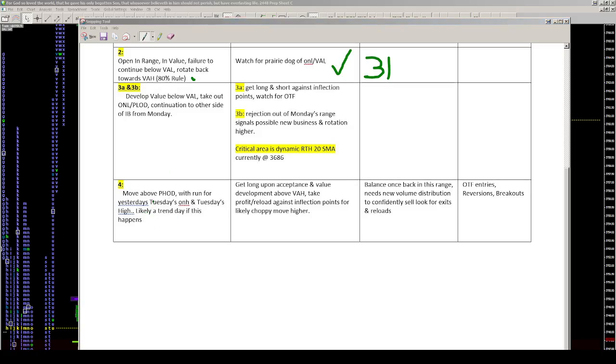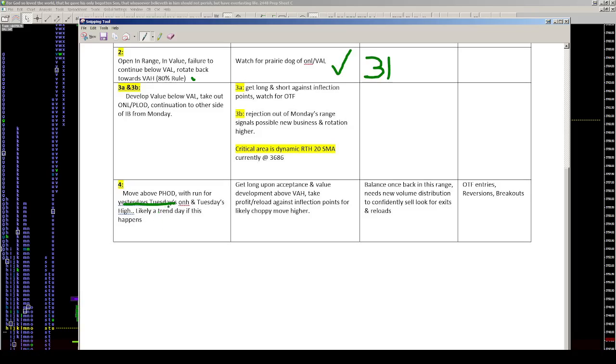Okay, yeah, so we'd already taken out Tuesday's overnight high with Wednesday's. Wednesday took that out, okay? It only took it out by a little bit and fell back in. So this might just be a typo, okay? But moved above prior high of day with a run for Tuesday's high, okay? So maybe I just meant overnight high with a run for overnight high and Tuesday's high.